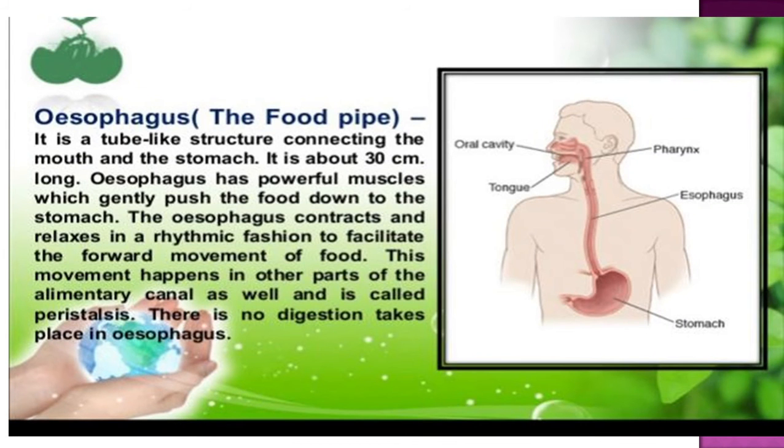Esophagus, that is the food pipe, is a tube-like structure connecting the mouth and stomach. It is about 30 centimeters long. It is not osophagus, it is esophagus, the O is silent. Esophagus has powerful muscles which gently push the food down to the stomach.